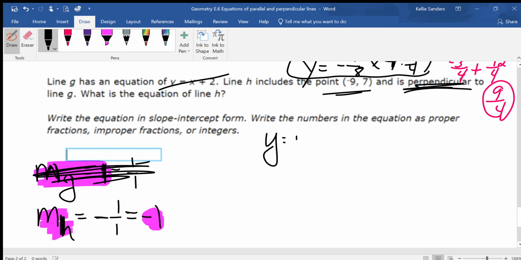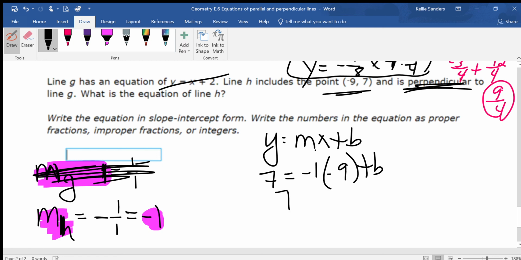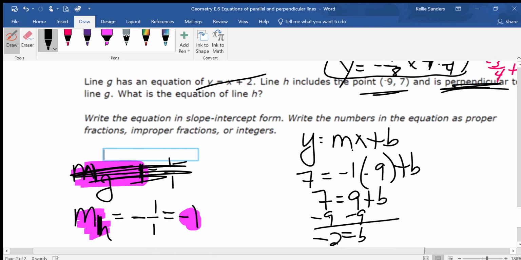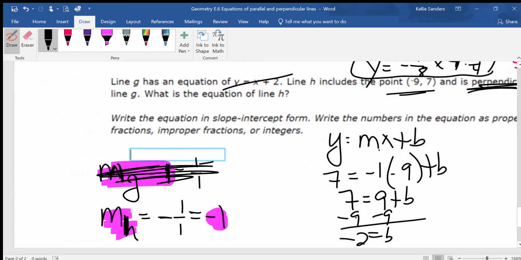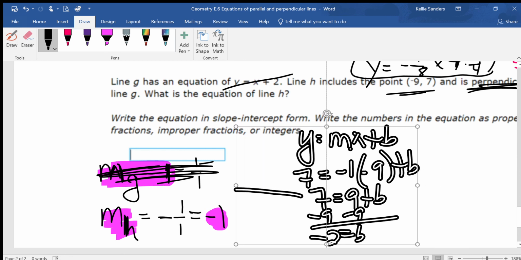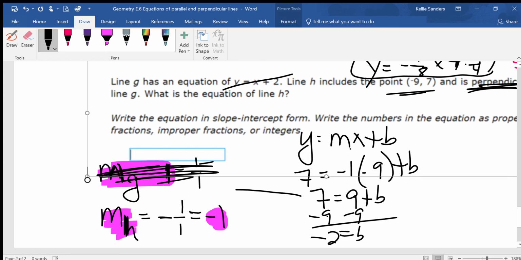And y equals mx plus b. y is 7. m is negative 1. x is negative 9. 7 equals negative 1 times negative 9, which is 9, plus b. Take that 9, move it to the other side. b is negative 2. I'm so close to being finished.